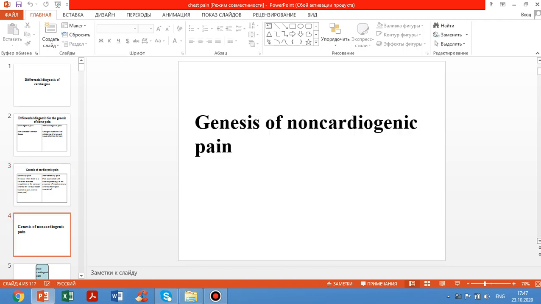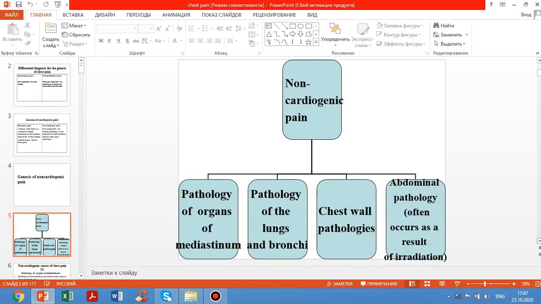Genesis of non-cardiac pain. There are four etiologies of non-cardiac chest pain: pathology of organs of the mediastinum, pathology of the lung and bronchi, chest wall pathologies, and abdominal pathologies, often occurring as a result of irradiation.